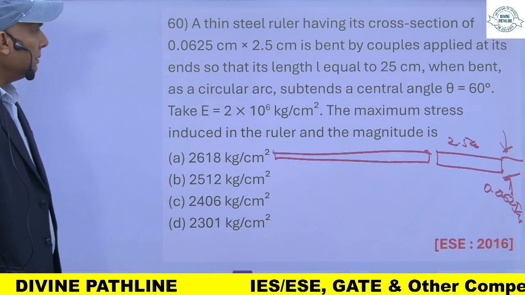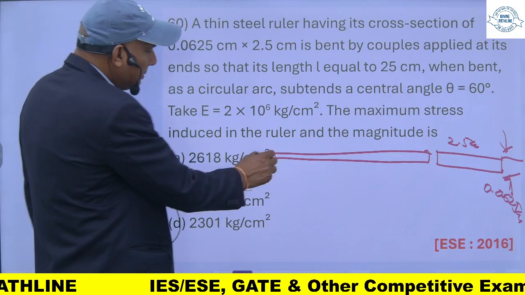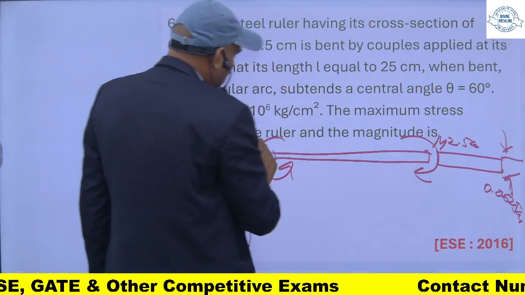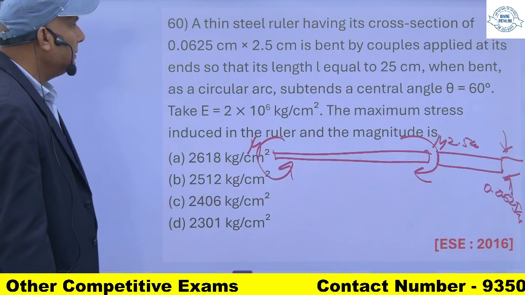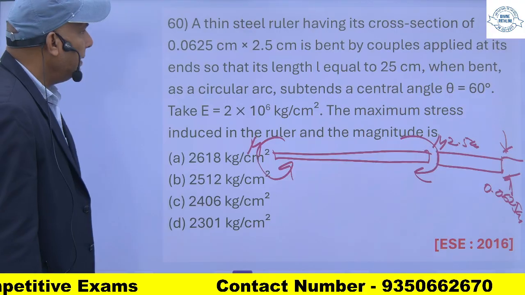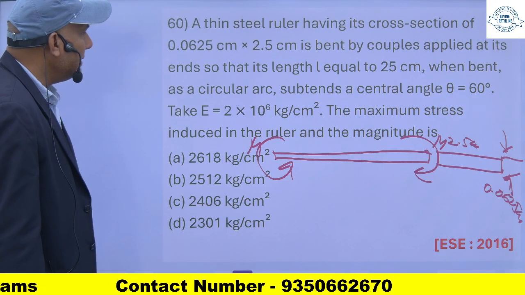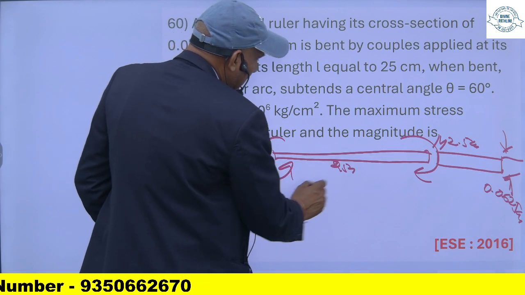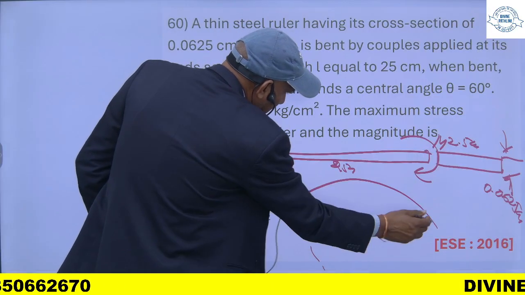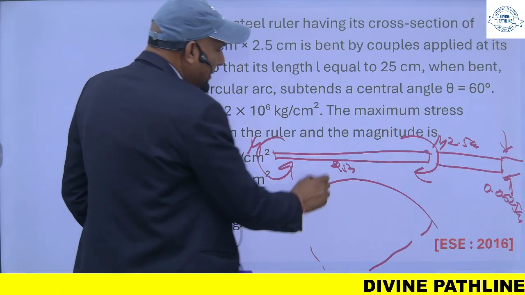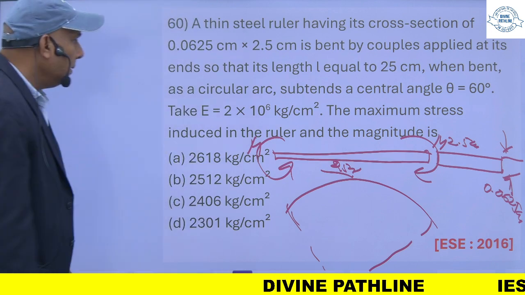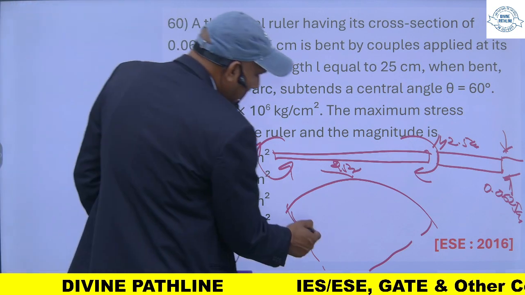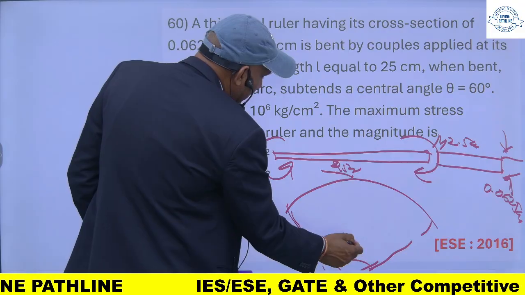The ends are bent by couples so that its length of 25 centimeter is bent as a circular arc, subtending a central angle theta of 60 degree.